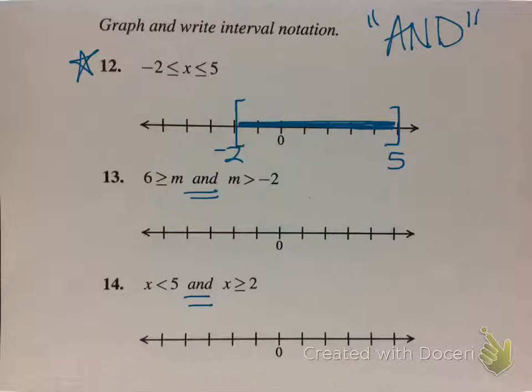When we look at the compound inequalities that actually have the word and in them, we would graph them the same way. M is greater than -2, so again here's -2, and M is less than or equal to 6. Since I'm just letting them all equal 1, I actually go off my number line a little bit there.